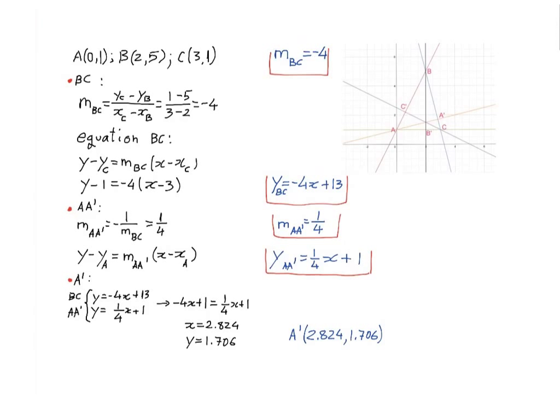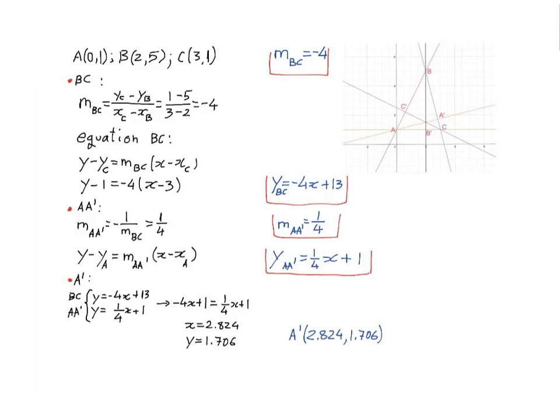We'll do the same thing to find B prime, and again we first find the gradient and equation for BC, which is this side here.